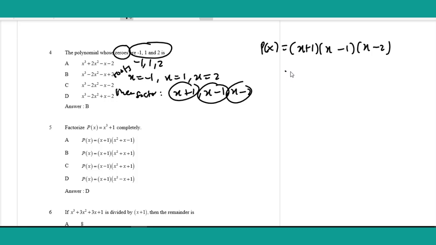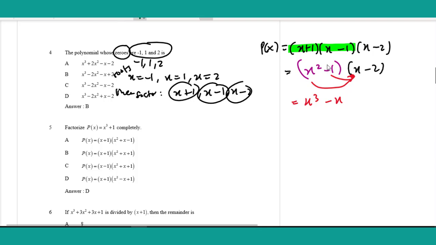Or you can expand this one first. Then the answer is x squared minus 1, and then x minus 2. Then expand: x cubed, minus x, minus 2x squared, plus 2.